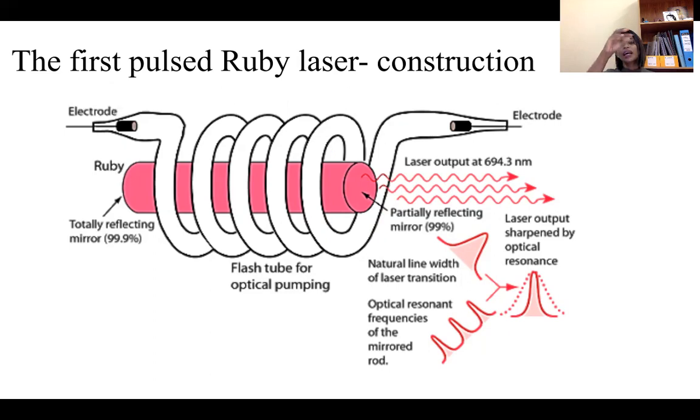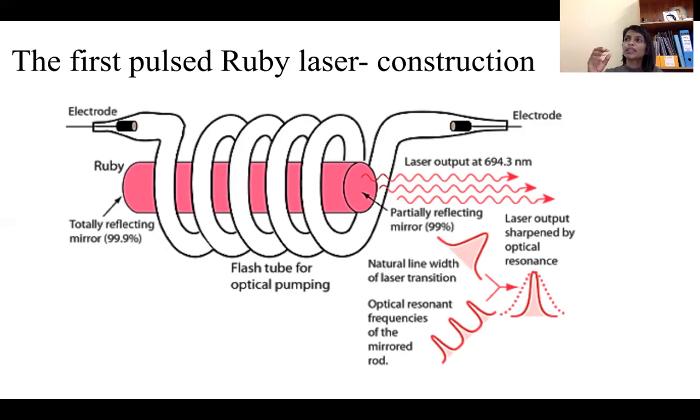Then what happens? They quickly decay to the metastable state, and then from the metastable state they accumulate, population inversion is achieved, and then electrons in the metastable state slowly come down to the ground level, because this is a 3-level system.